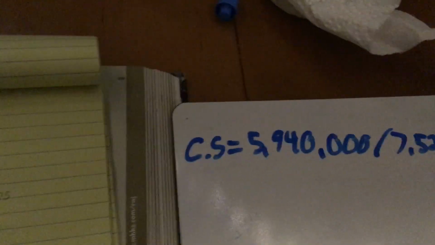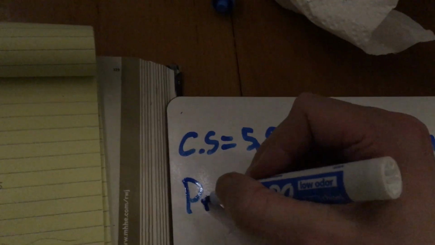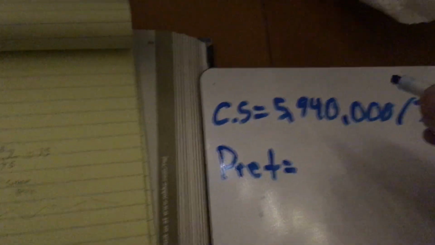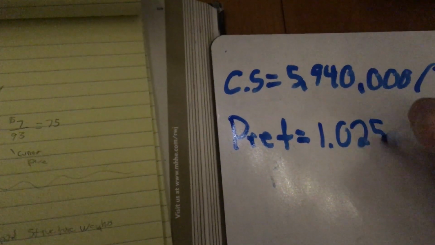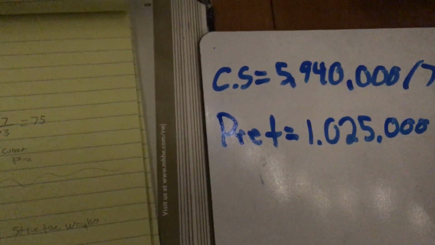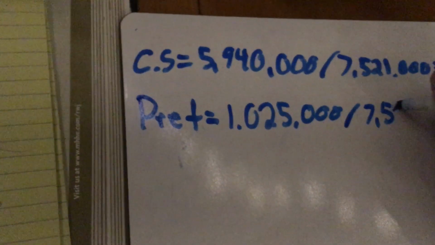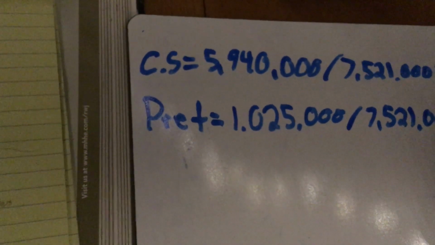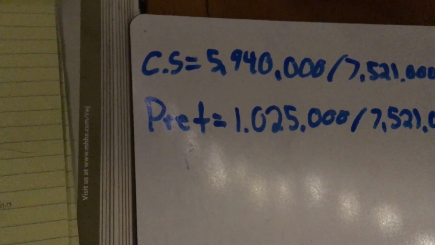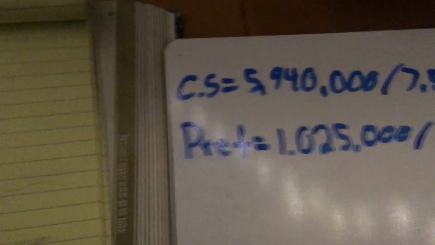0.789 for common stock. For preferred, equals 0.136 or 13.6%.